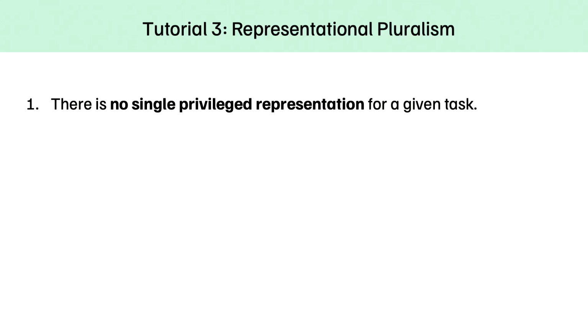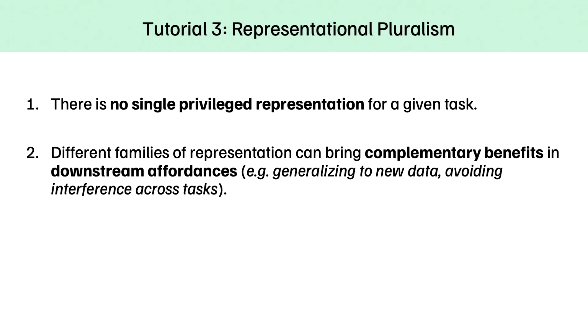So first of all, we've already discussed this idea that there's no single privileged representation for a task. But it's also true that different families of representations can bring complementary benefits when we start looking at downstream affordances. So I think someone in the audience mentioned earlier continual learning settings, but this kind of environment where we're looking at whether a representation can generalize to new data, or whether a representation might have interference, for example, catastrophic forgetting, these are things that might differ between different families of representations.